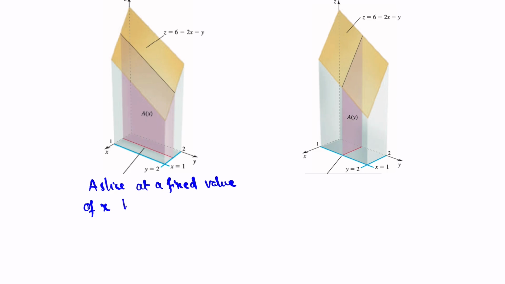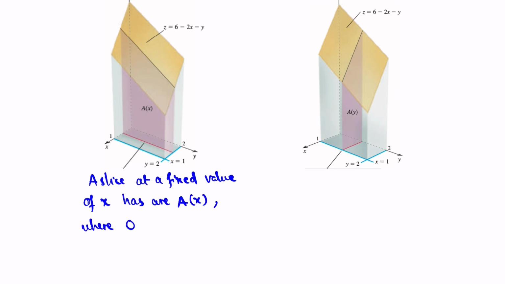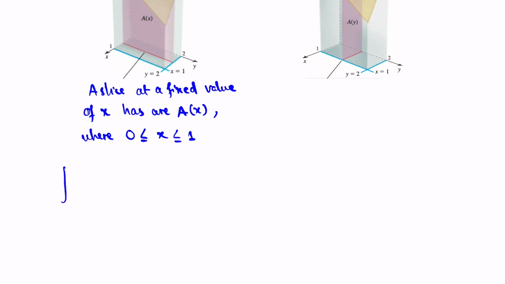And this line has the area A of x, where x is between 0 and 1. So I'm going to perform that calculation. The integral from 0 to 1, then the integral from 0 to 2 of 6 minus 2x minus y dy dx. And if you evaluate the inner integral first, you're going to get a function in terms of x only.